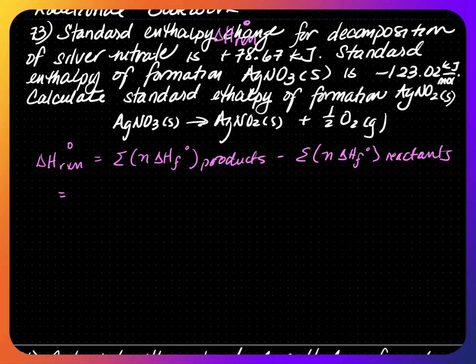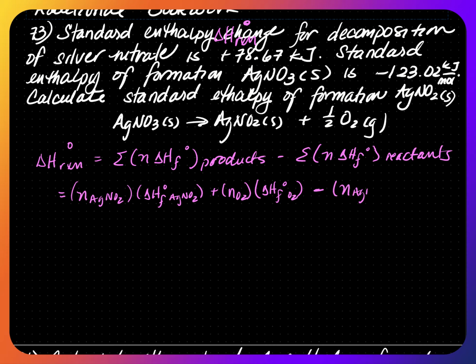It's going to equal the moles of AgNO2 times the delta H formation naught of AgNO2 plus the moles of O2 times the delta HF naught of O2, minus my reactants. My reactants are silver nitrate. So that's going to be the moles of silver nitrate times the delta HF naught of AgNO3.